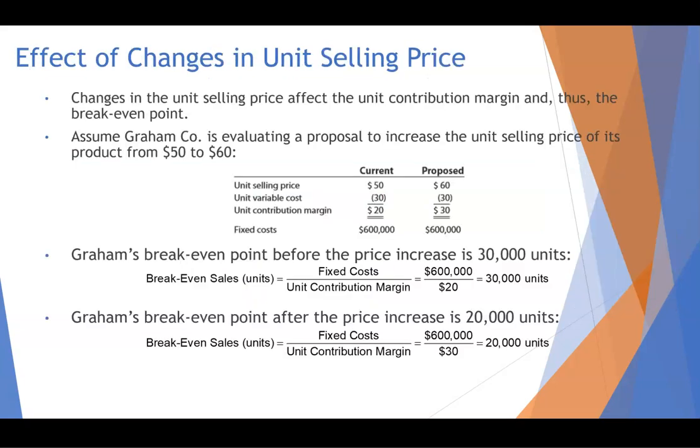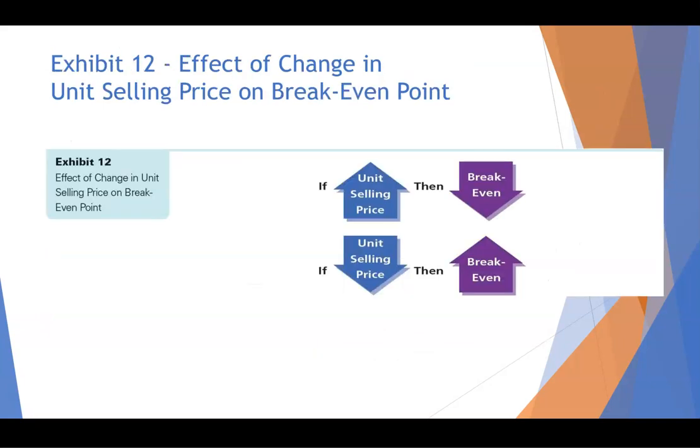As shown here for Graham, the price increase of $10 increased the unit contribution margin by $10, which decreased the break-even point by 10,000 units, from 30,000 units down to 20,000 units. Changes in the unit selling price affect the break-even point.